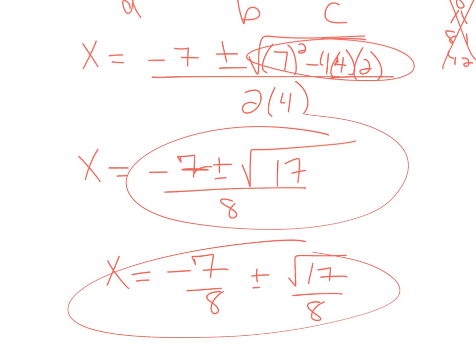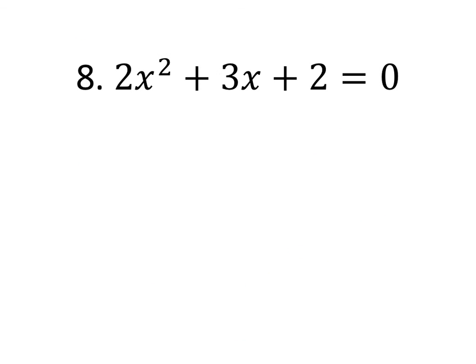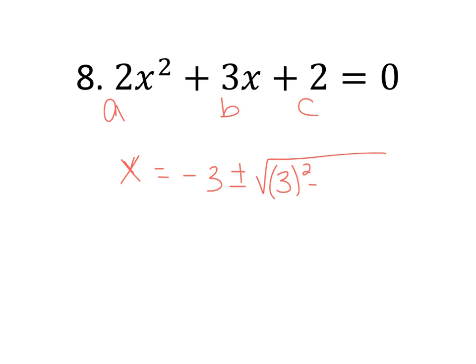Okay, last one. A, B, C. X equals negative B, so negative 3 plus or minus the square root of B squared, so 3 squared minus 4. A is 2, C is 2, all over 2A.